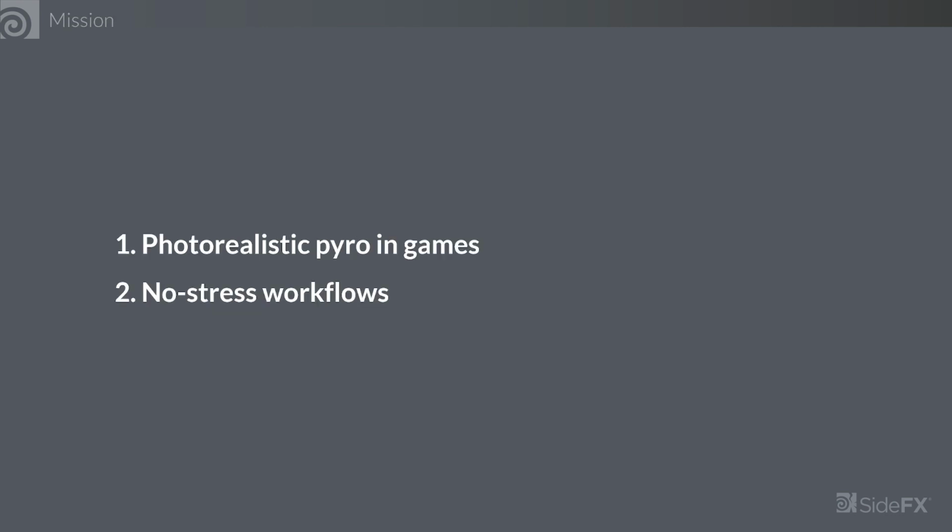So first off, what are we trying to do? I've been working in production before, and Pyro is one of the effects aspects that I'm really passionate about. Nowadays, the advancements we've made in real-time environment and characters are incredible.